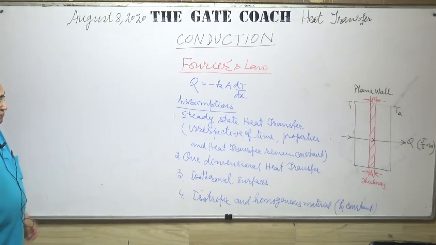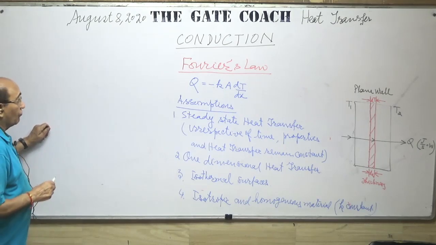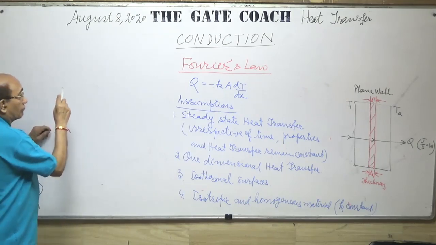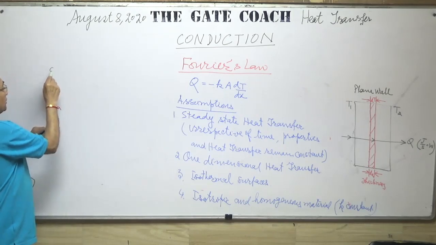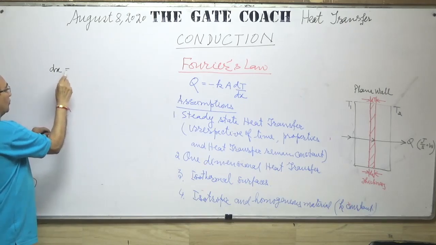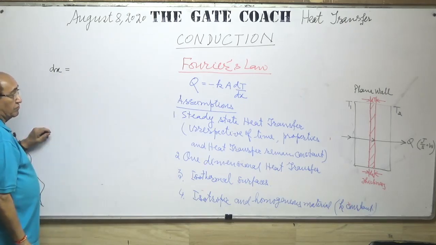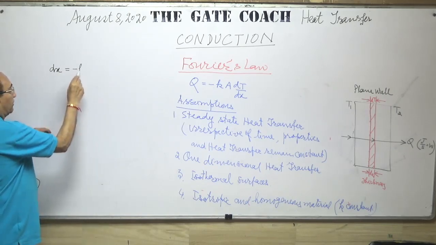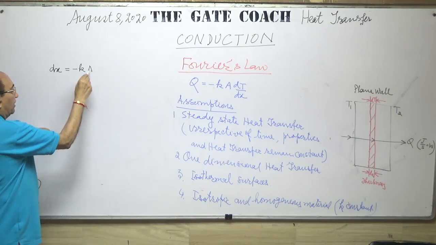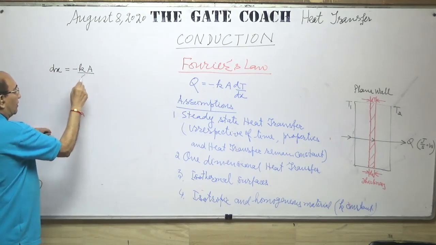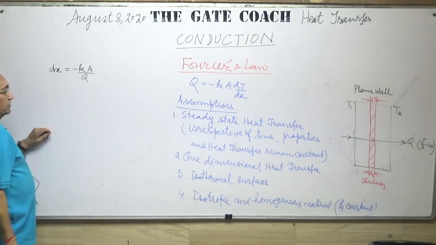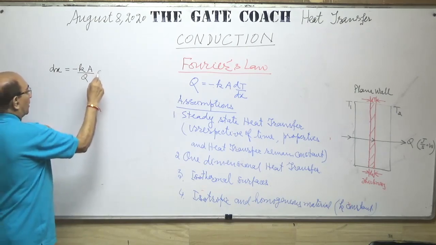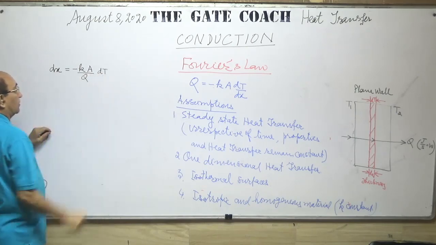Now with these assumptions, X is varying, so we keep it on one side. Temperature is varying. K we have assumed constant. A is constant. Steady state Q is constant. And then dT.